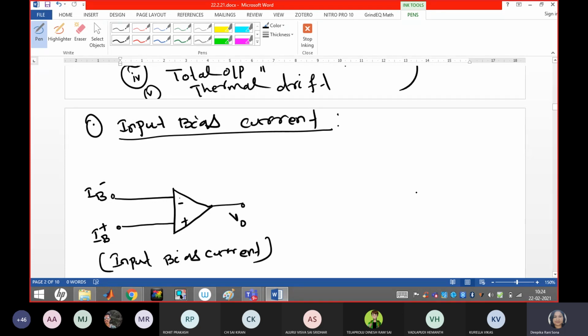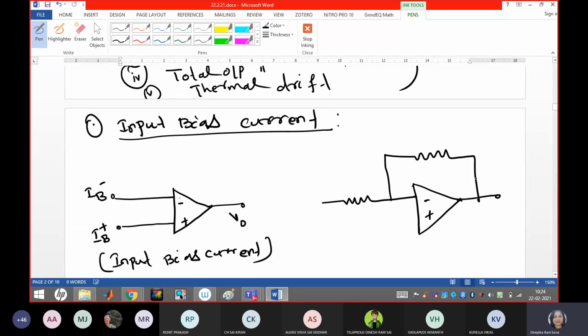So first I will choose the first configuration, the inverting configuration of the op-amp. How will the figure be? The figure can be represented as with feedback. This is feedback resistor RF and this is R1, and here the trick is there, guys.